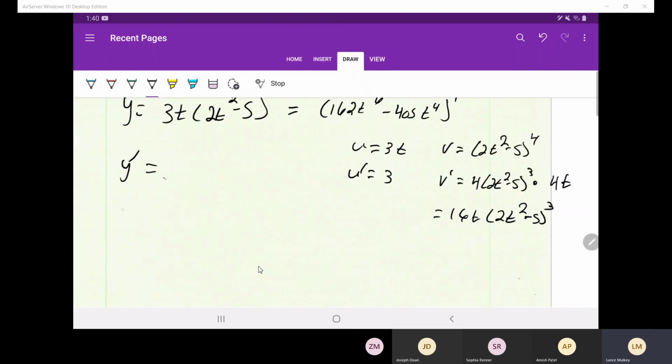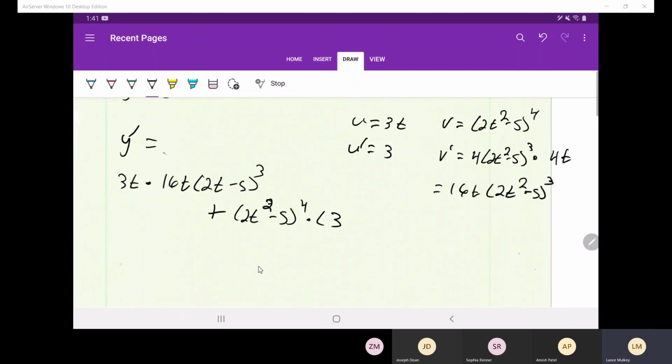So if we're going to plug this in, u, which is 3t, times v prime, plus v times u prime, which is just 3.